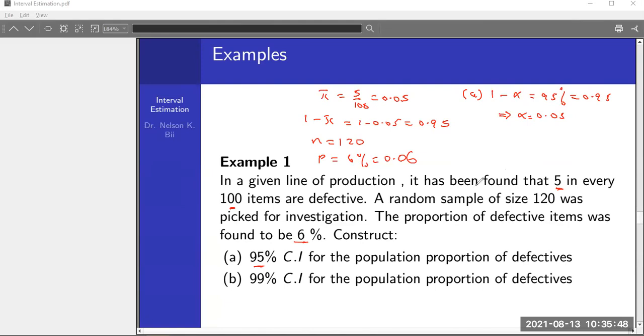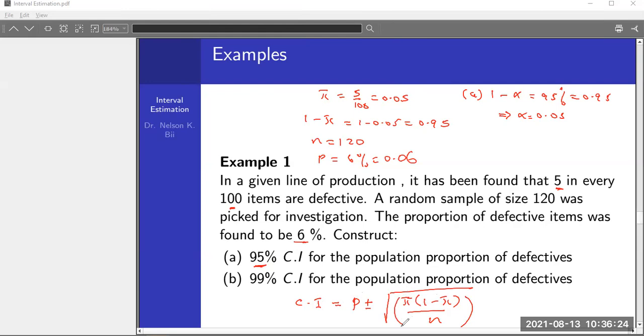Yeah, so then we can construct the 95% confidence interval. We said the confidence interval for the population proportion is given by the sample proportion plus or minus the square root of the proportion of the population with the characteristic of interest, pi, times 1 minus pi, divided by n.